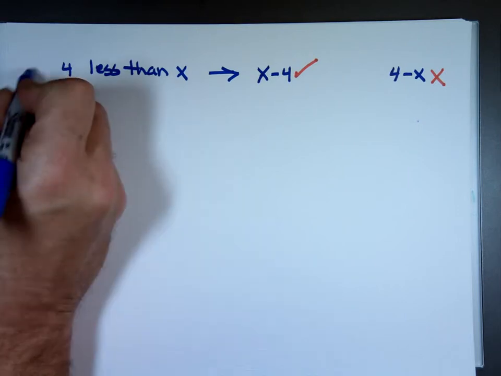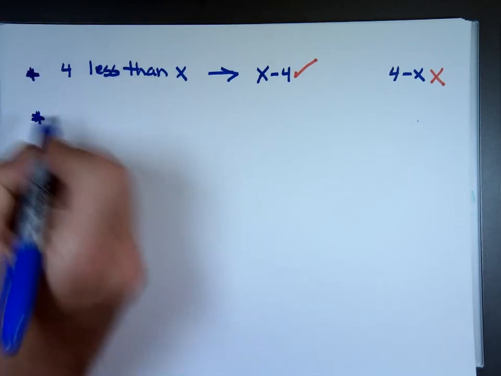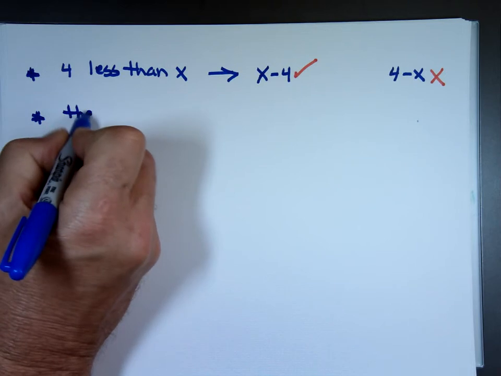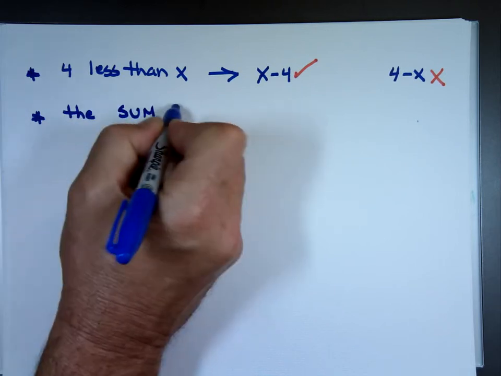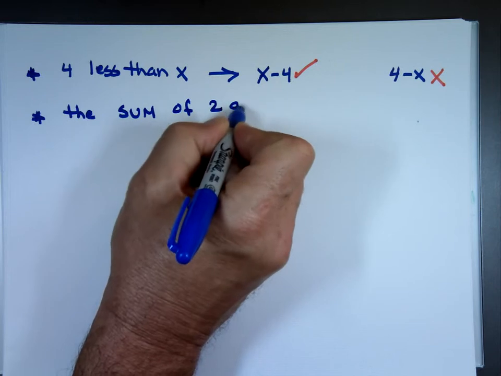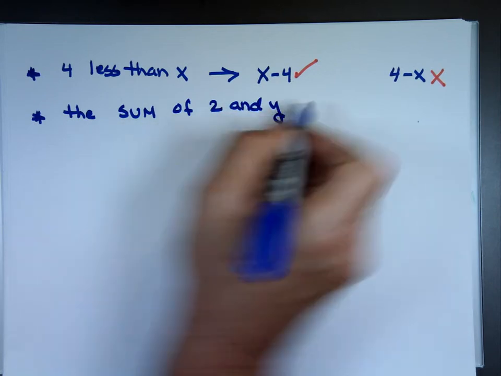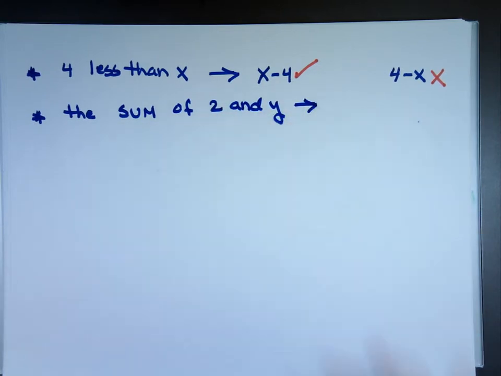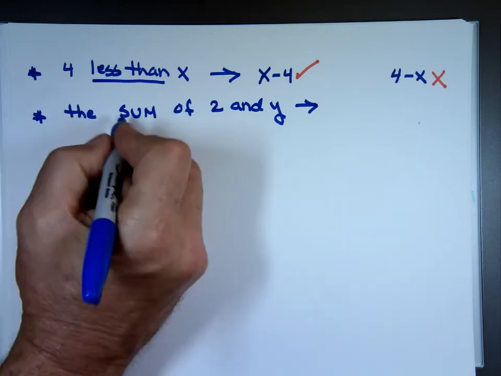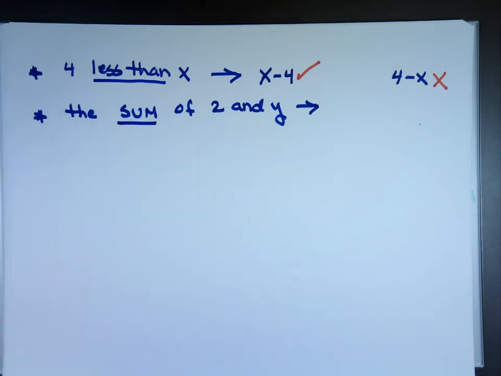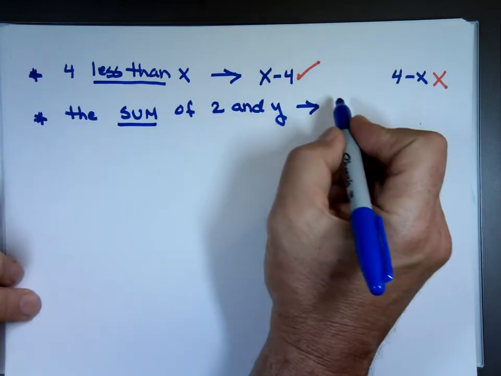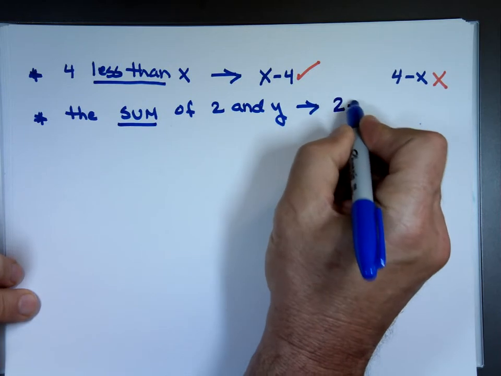Let's try another one. Try to mix and match different ones. The sum of 2 and y. The word sum means what? Addition. Which one's first? 2 plus y. That's good.